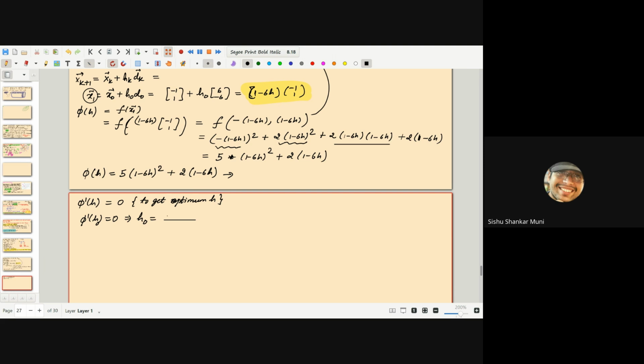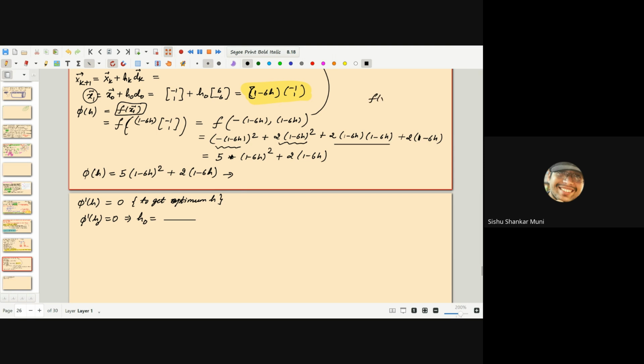We don't want to minimize the step size. We want to minimize phi of h. No, that is a mistake, apologies. We have to find a step size h for which phi of h is minimized. And why do we want phi of h to be minimized? Because phi of h is nothing but f at the next value. We want to minimize the future value.